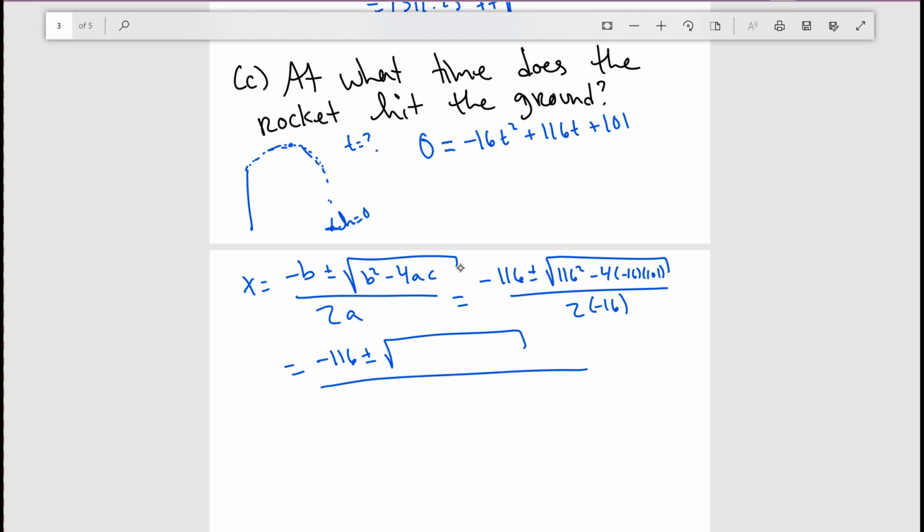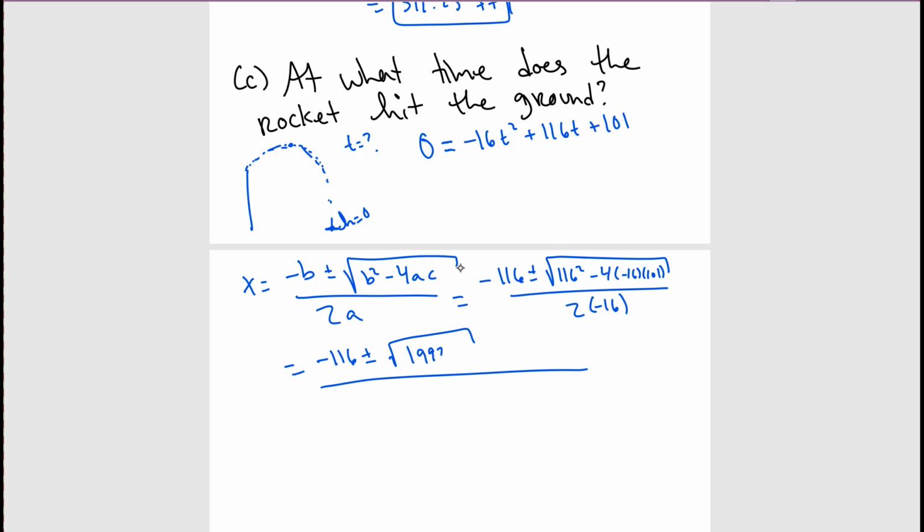This is not going to be a really pretty answer, but luckily you have your calculator. I'm going to put everything inside the square root in the calculator. Let's see what I get. 116 squared minus 4 times negative 16 times 101. On the inside, I got 19920. And on the bottom, I'm just going to get negative 32.